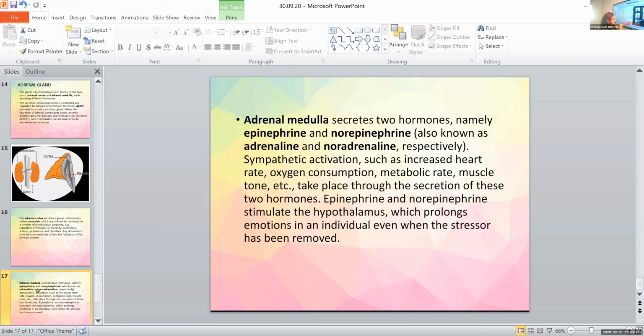So this cousin or sibling has already gone, but we still have that emotional part in us. That is because epinephrine and norepinephrine stimulate the hypothalamus, which maintains the emotional part.